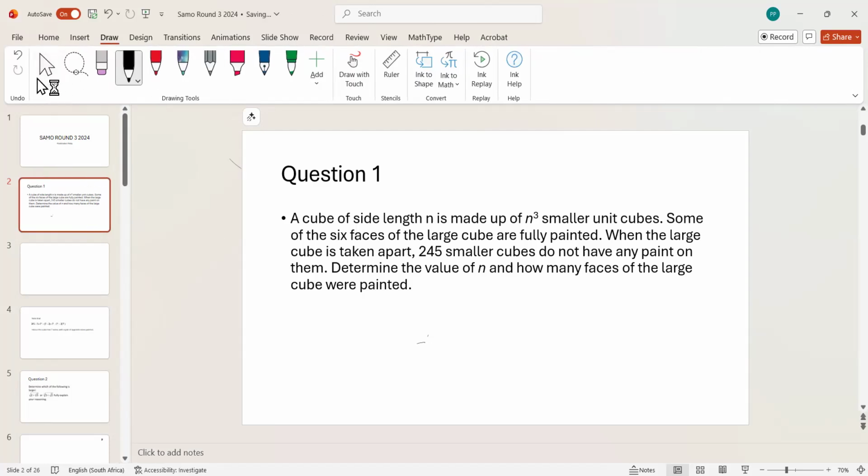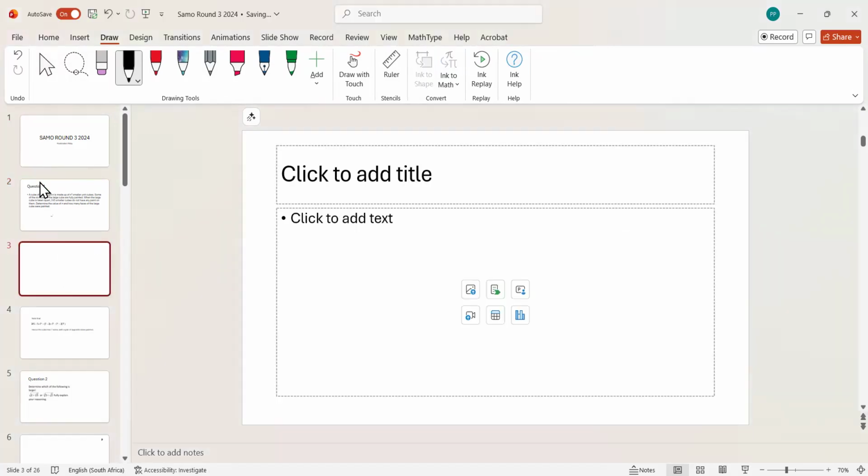All right, so let's first go into a new page, and let me draw a cube.